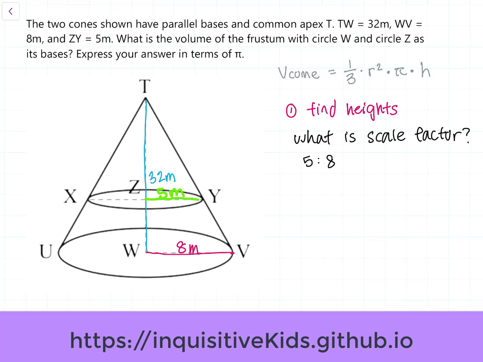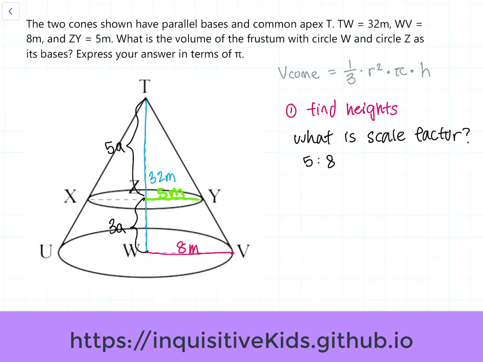So if we were looking at this in terms of height, we could set the height of the small cone, which is TZ, as 5a, and we'll set ZW as 3a. This means that the total height for the big cone is 8a.